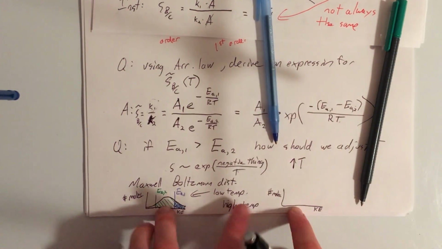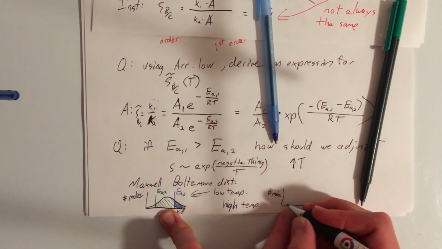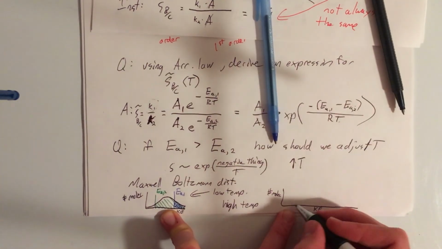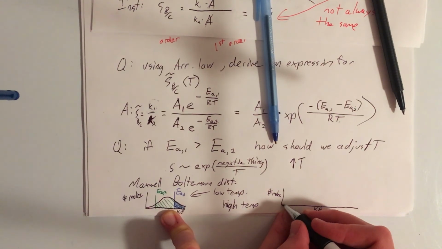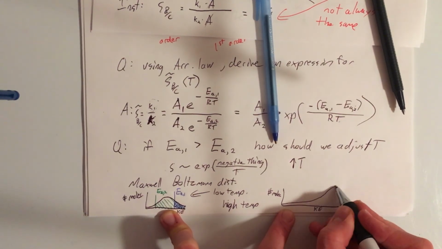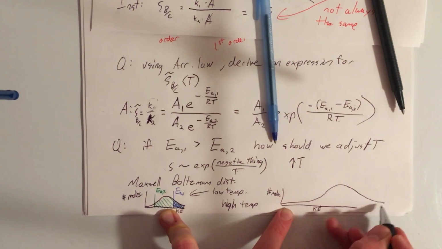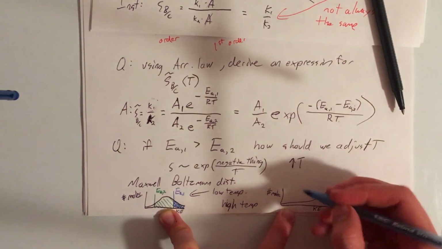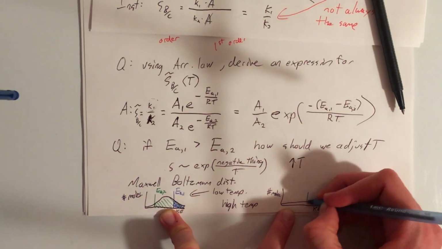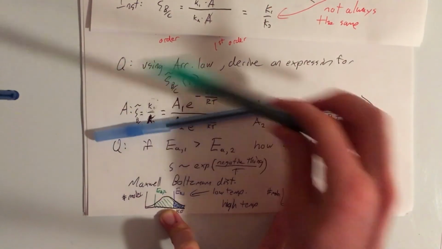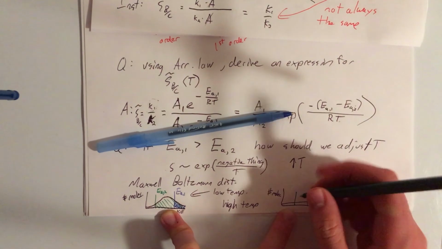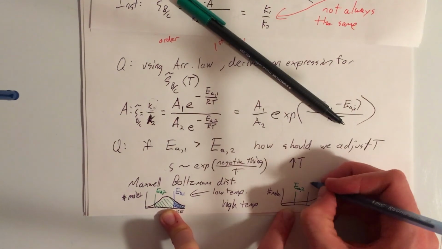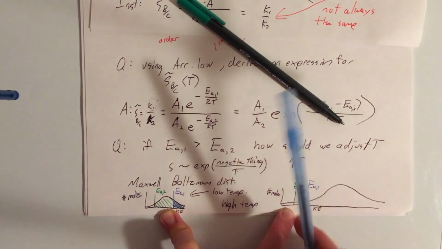Conversely, if we increase the overall temperature at which our reaction is happening, I'm going to need to extend my axis a little bit here. We can now push the bulk of the molecules to be above both the activation energy for our undesired and our desired reaction.